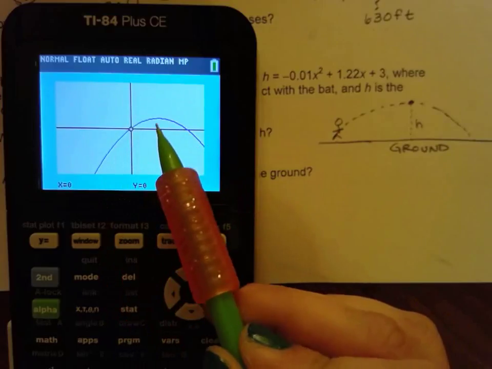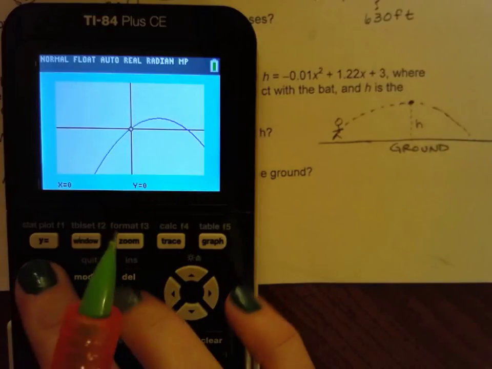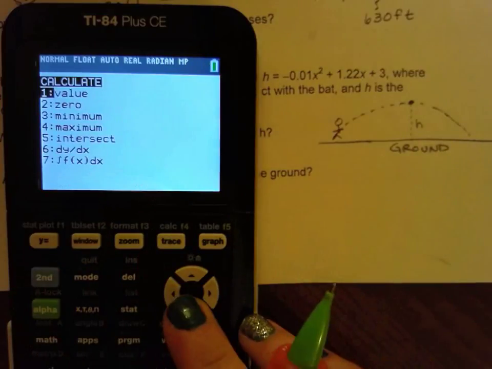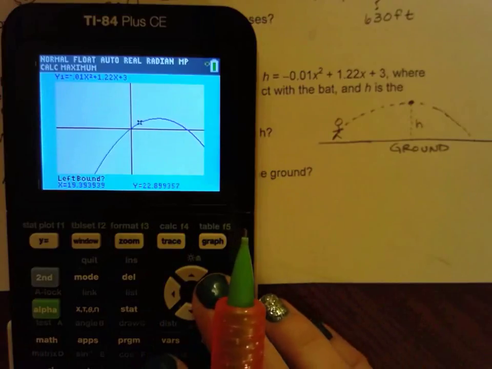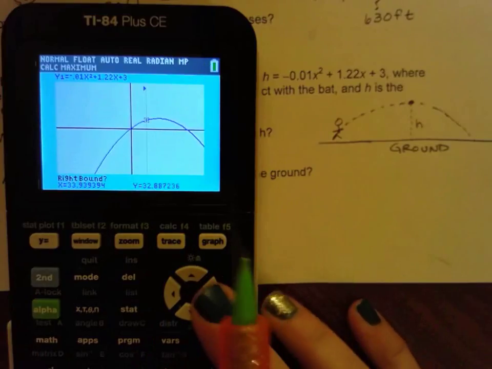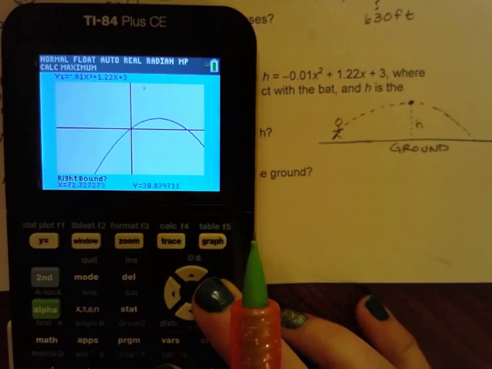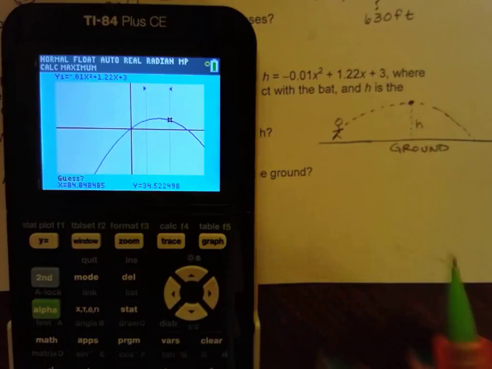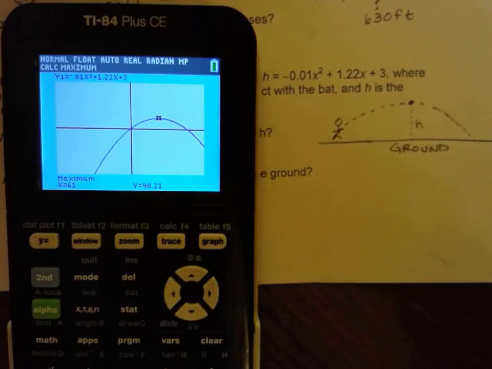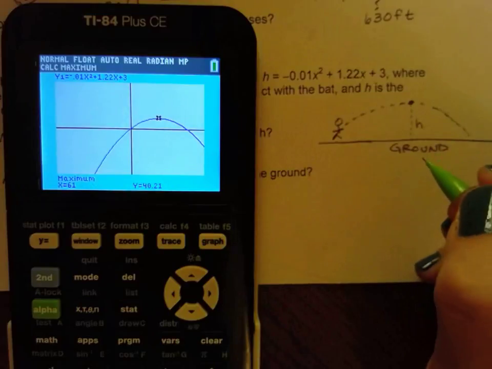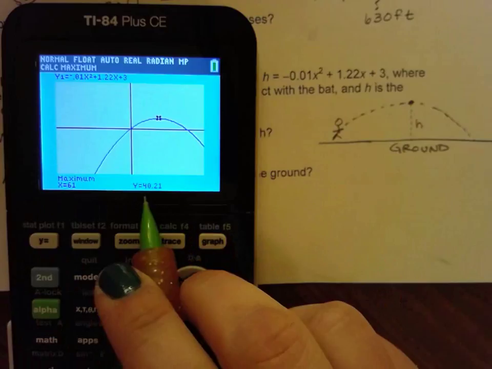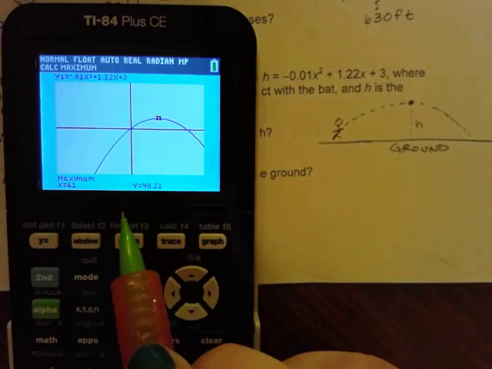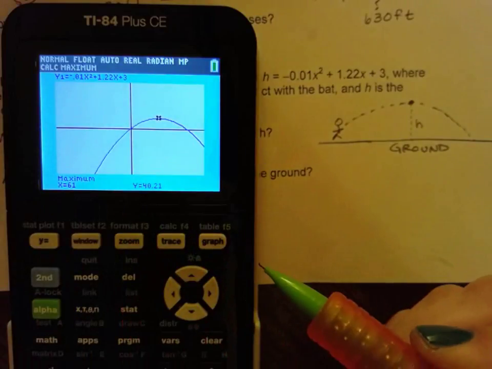So the maximum height occurs at the vertex. So second calc, go down to maximum, and then hit enter, and enter again, and one more time. There you go. So that's happening at 61, 40.21. Remember, we want to think about what these variables mean.